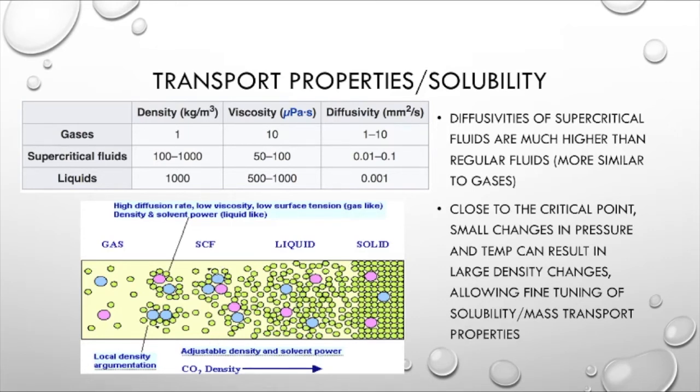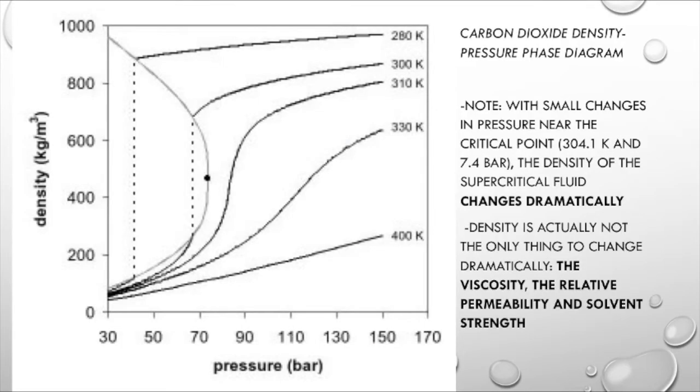Another important point to note is that when close to the critical point, small changes in pressure and temperature can result in large density changes, which is important because it allows us to fine-tune these solubility and mass transport properties more exactly, more precisely. So shown here, I have the carbon dioxide density pressure phase diagram.